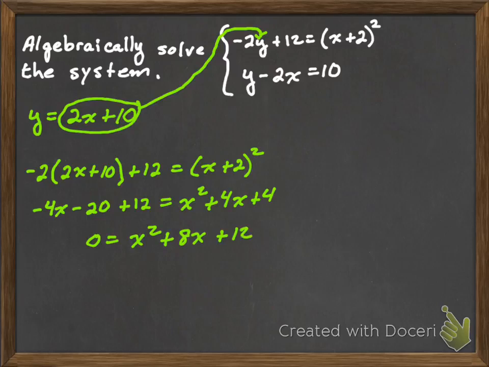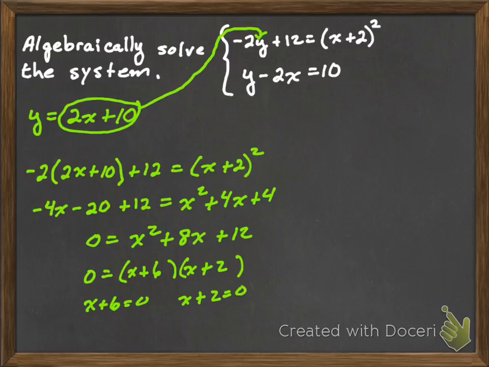All right, next step is to factor this, which will go down to x plus 6 times x plus 2, meaning either x plus 6 equals 0 or x plus 2 equals 0, so x equals negative 6 and x equals negative 2. All right, so those are the x values for the points of intersection.